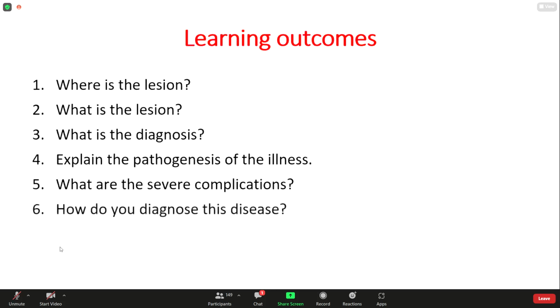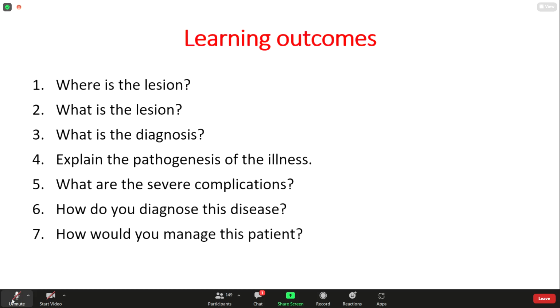Good. How do you diagnose the disease? Someone else? Clinical diagnosis. Yeah, it is clinical diagnosis supported, if necessary, with neurophysiology and CSF analysis. Yes, if necessary, generally your main diagnosis is clinical.